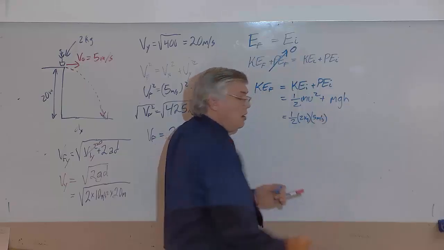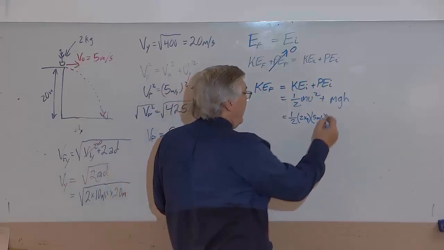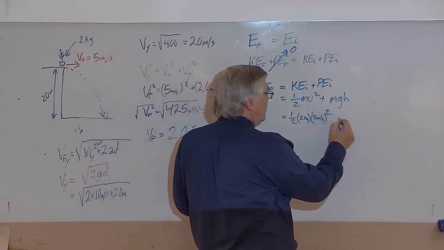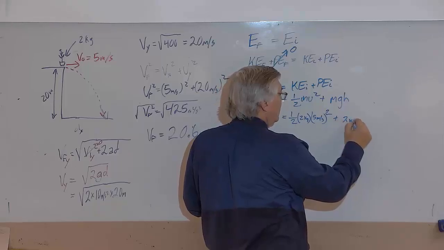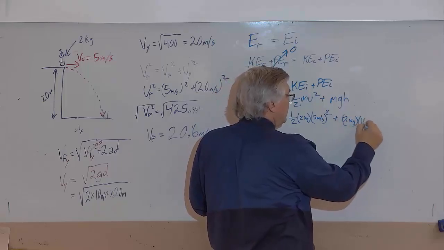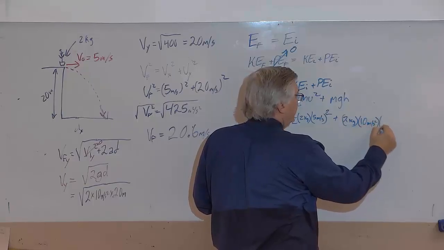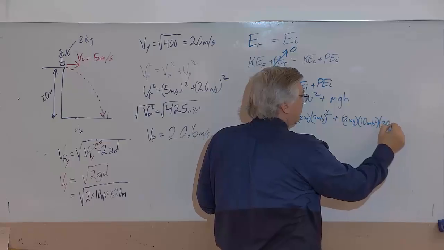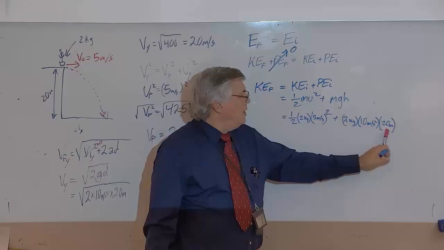That's the horizontal velocity when I kicked it or knocked it off, and that's squared, plus 2 kilograms times 10 meters per second squared, 9.8 really, times 20 meters. That's my height, m, g, and h.